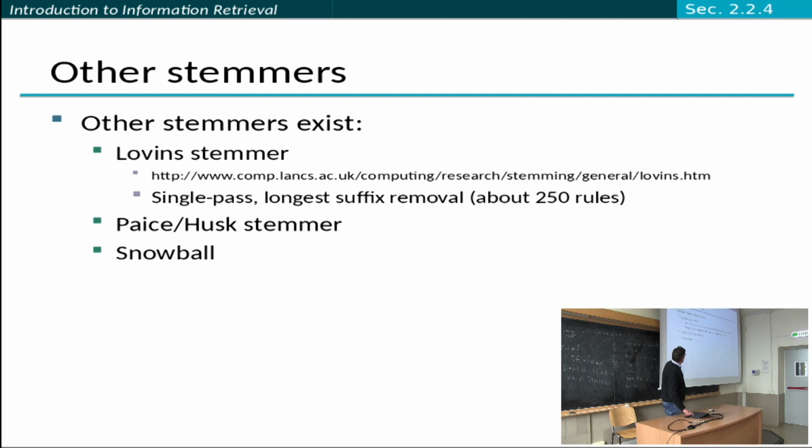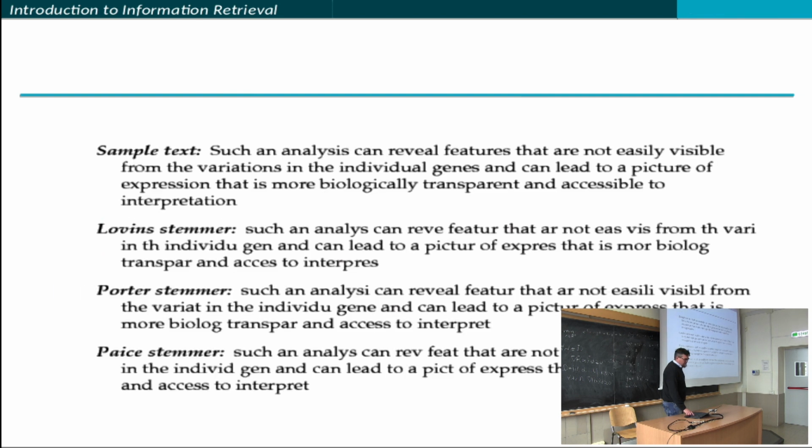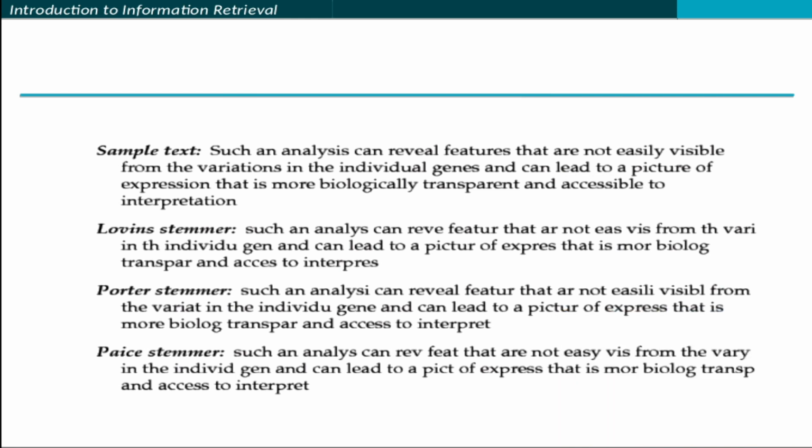There are clearly other stemmers. As an example, in NLTK, the library we will see later on, you can easily apply Snowball and many others. You have a number of libraries. This is an example of what you can get with different stemmers. As you can see, you are basically not changing the original text too much.